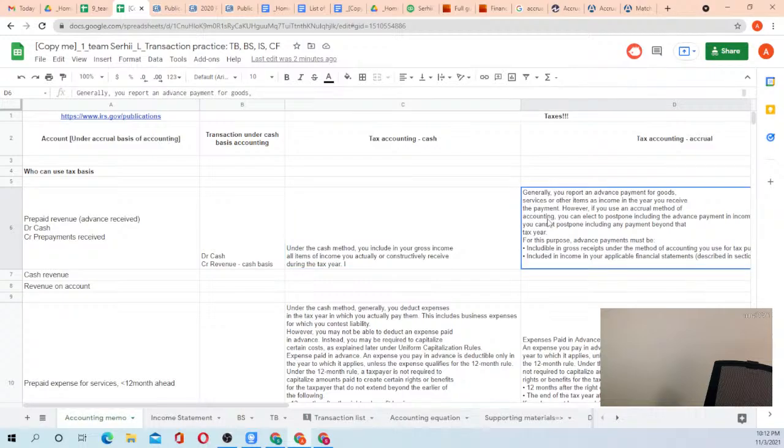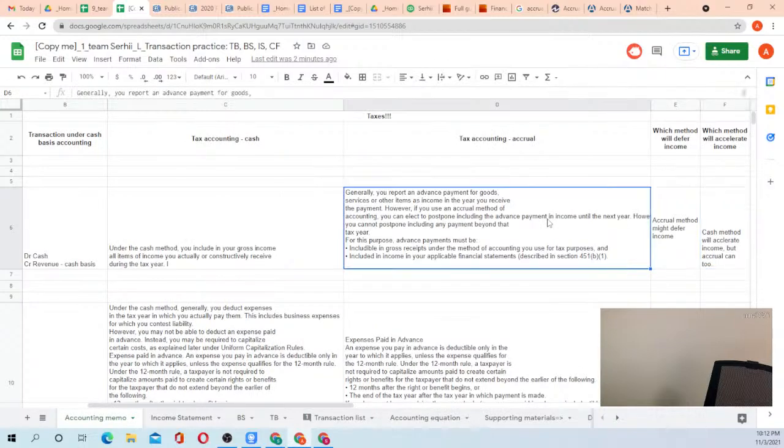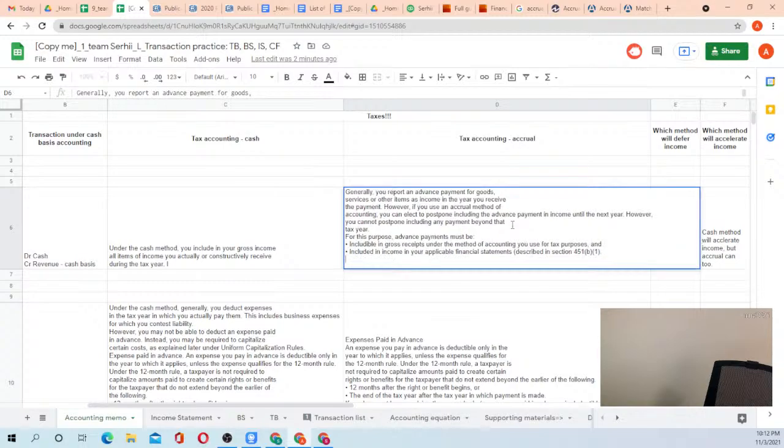Here, they actually give us a choice that generally we recognize advance revenue as income in the year when we received the payment. However, if we use accrual method of accounting, we can elect to postpone including the advance payment in income until the next year. However, you cannot postpone including any payment beyond that tax year.